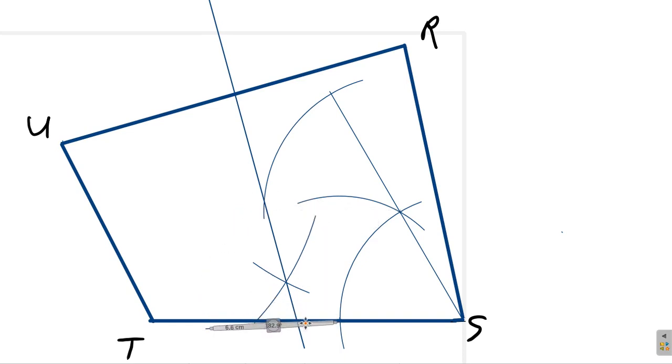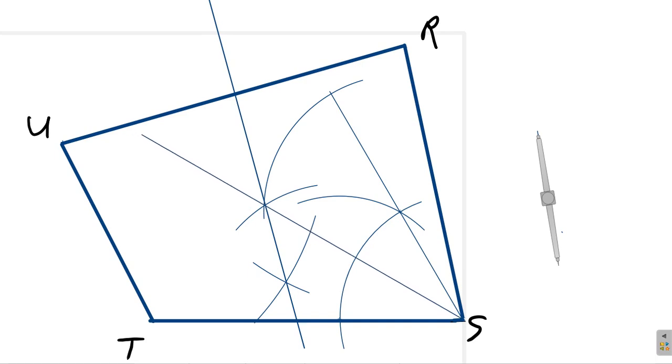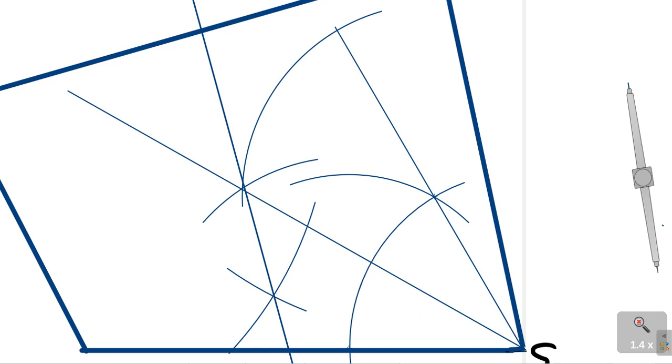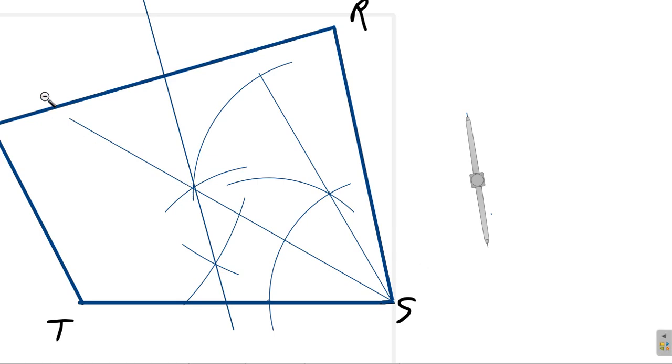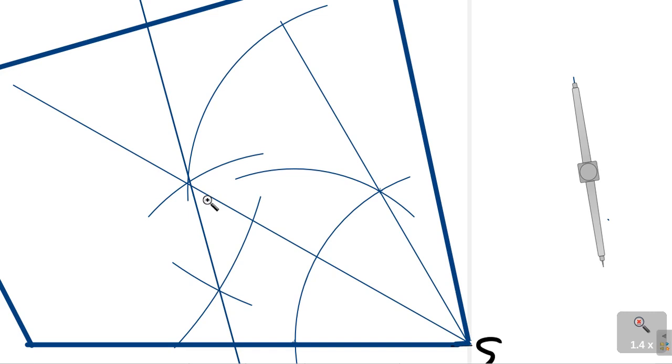Compass point here, at the intersection of the line and that. And swing another arc right here. Now right at the intersection of these two arcs, I draw a line from S through that intersection. And that will cut the 60 into two halves. It bisects the 60 into 30 and 30, right? It didn't line up perfectly, but oh well, a little better than it seemed at first.